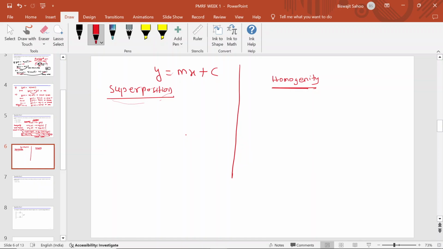Let's say I start with superposition and homogeneity separately. First, when you apply an input x1, your y1 should be mx1 plus c, right? It is clear. When I apply x1 as input, your y1 should be mx1 plus c, because wherever x is there, you just change that.